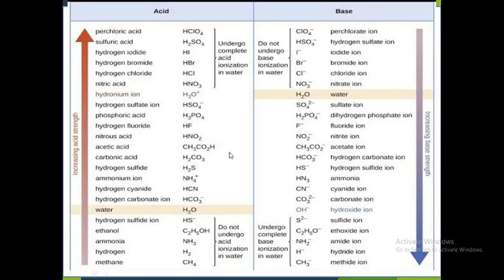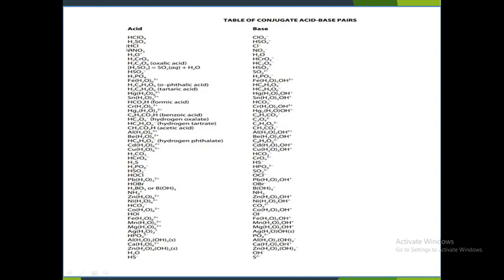These are some of the acids and bases, and these are the conjugate bases and acids. You can go through them. In this conjugate acid, HClO4, in the base 1 H has been reduced. Similarly, for HCl, 1 H has been reduced, and since 1 electron is left behind, it becomes 1 negative.